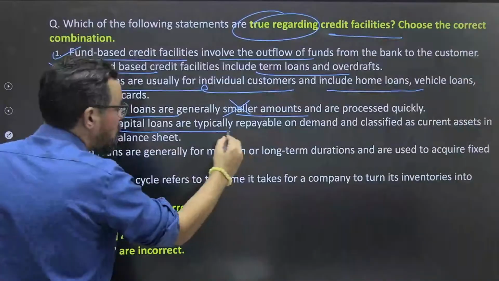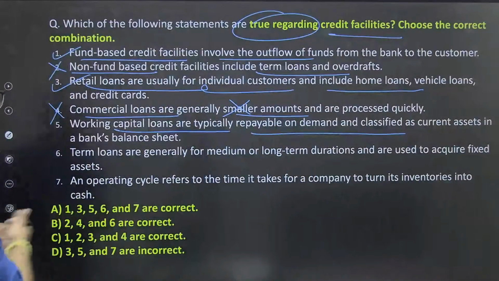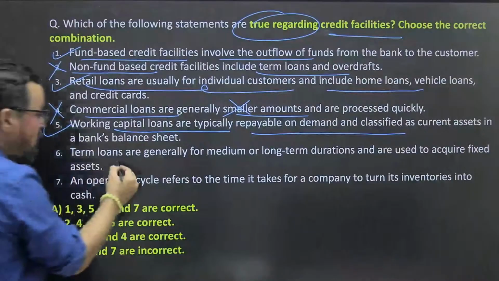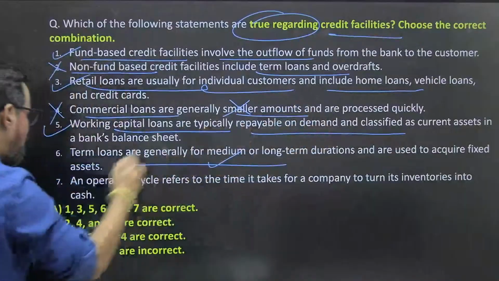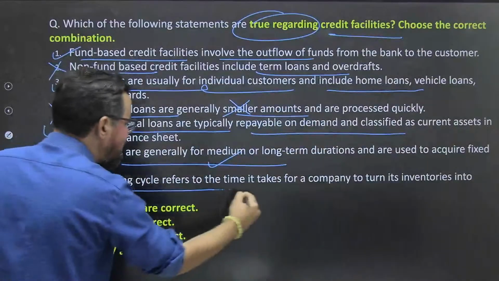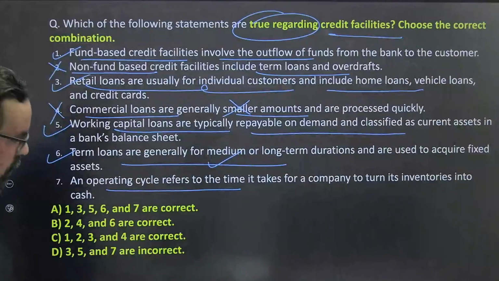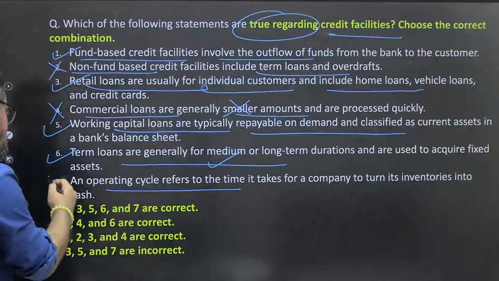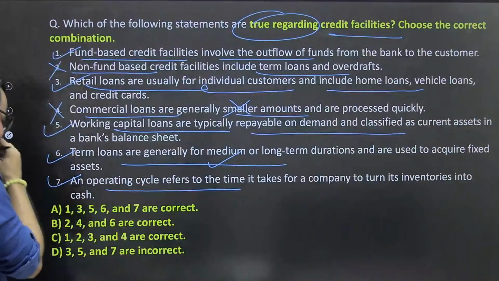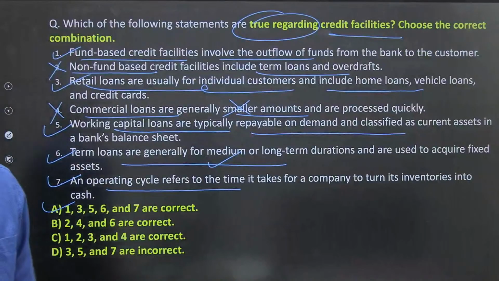Working capital loans are typically repayable on demand and classified as current assets in the bank balance sheet. Term loans are generally for medium to long term period and are used for acquiring assets. And the operating cycle refers to the time it takes for a company to turn inventories into cash. Okay, 100% true. So 1, 3, 5, 6, 7 means option A should be the right answer for this particular one.